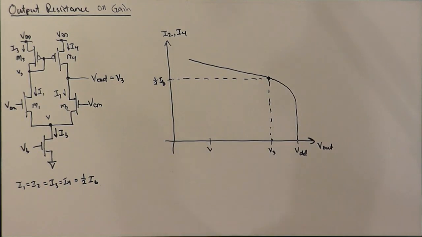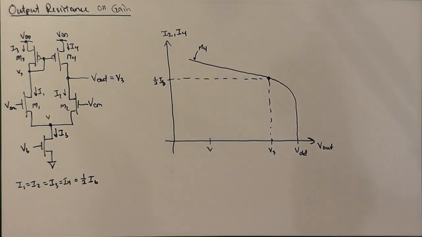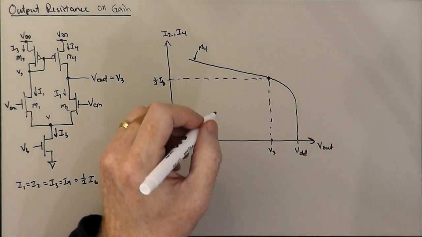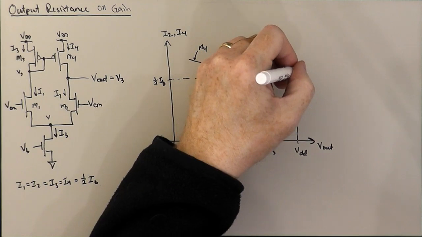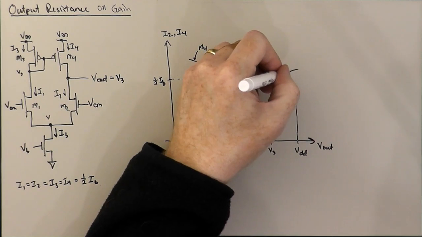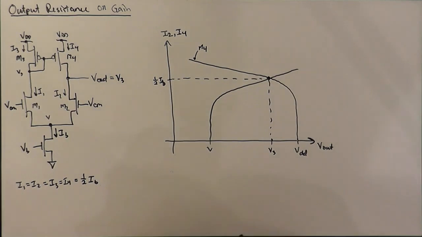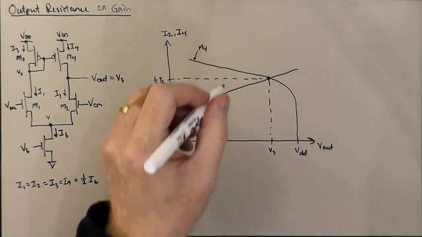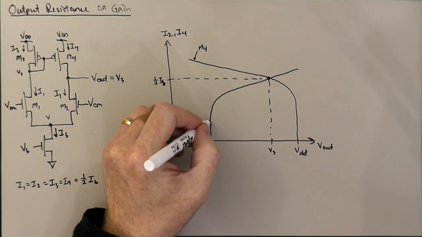And so this is M4's drain curve. And M2's drain curve might look something like this. Okay, so there's some finite early effect here, and we've drawn it fairly pronounced.